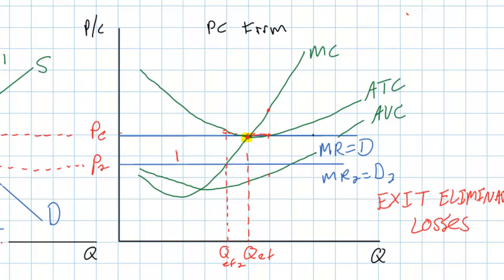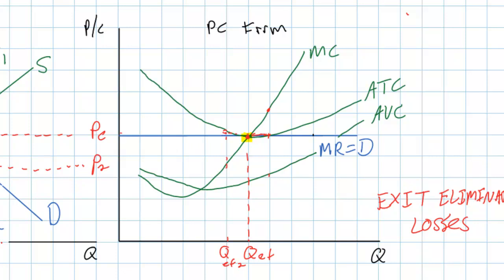So we'll see this marginal revenue curve shift back up with the equilibrium price in the market, and the firms will go back to breaking even. So this is another illustration of how in the long run firms in perfect competition will break even. They won't earn losses in the long run because other firms will exit, some firms will drop out, they'll shut their doors, they'll close their factories, they'll leave the market altogether.